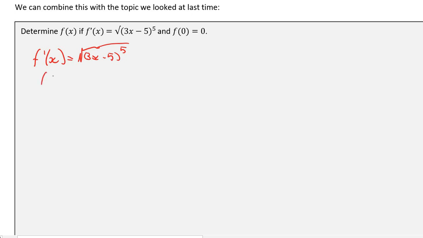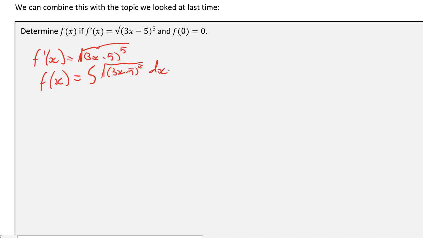So therefore, f of x, if my derivative equals that, to get back to my original function, I take the antiderivative, which would be the integral of square root of 3x minus 5 to the 5 dx.